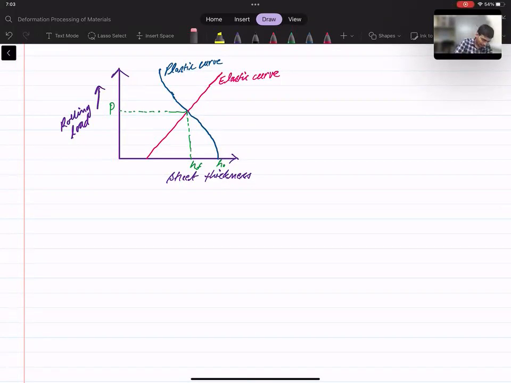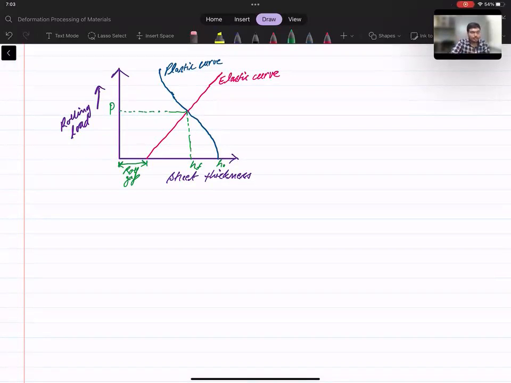So this is the roll gap. Okay. So this is a typical characteristic elastic and plastic curve representation for a rolling mill.